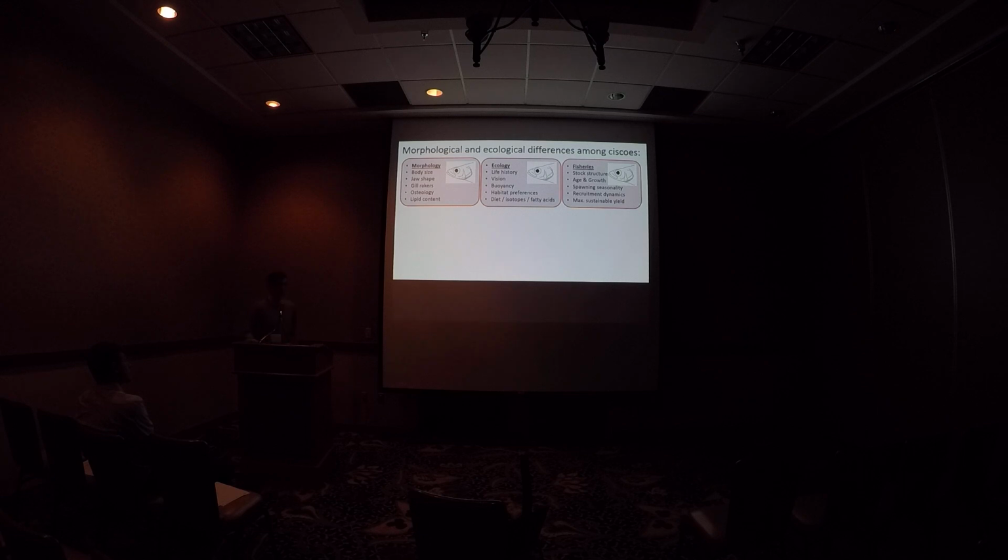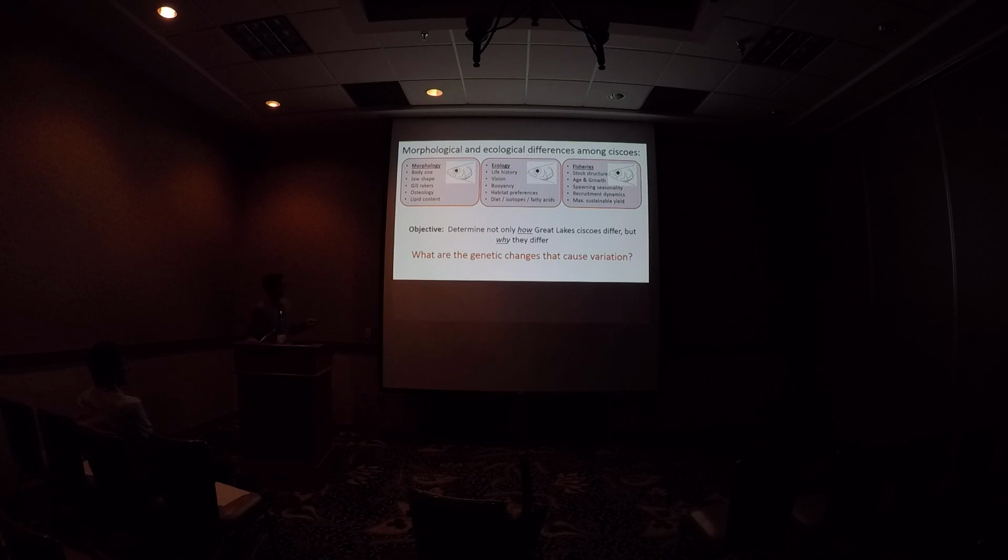I'm not a fisheries biologist in the strict sense, but I've heard these terms mentioned, and I know these are really important to those of you managing fisheries. Ultimately, this is what we're thinking about: how do we connect morphological and ecological variation to the really important questions about fisheries and fisheries management? So what we're trying to do is bridge across these different data sets.